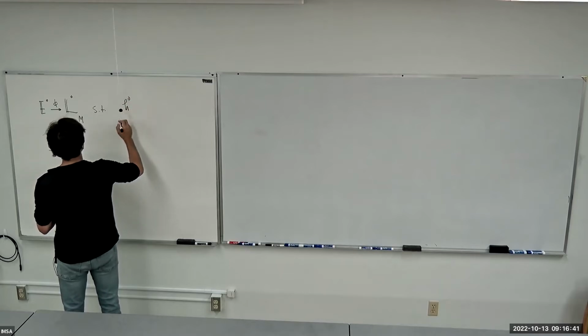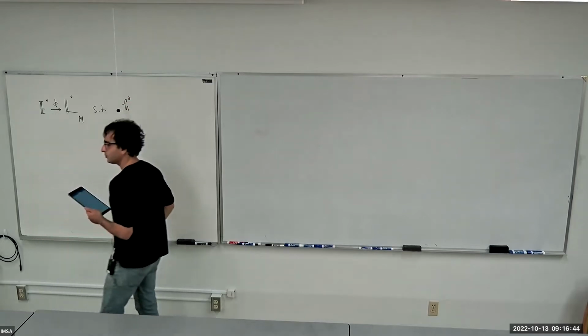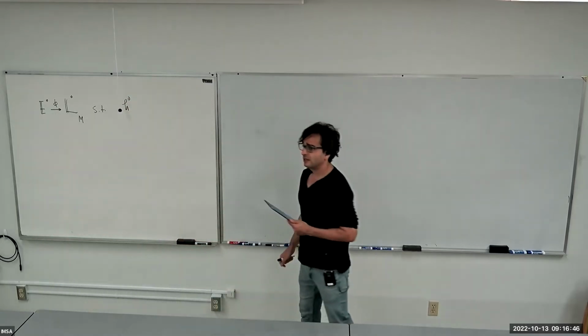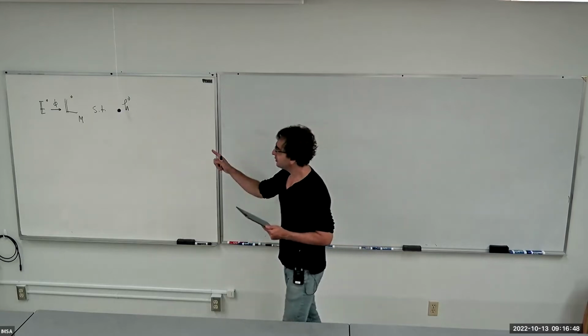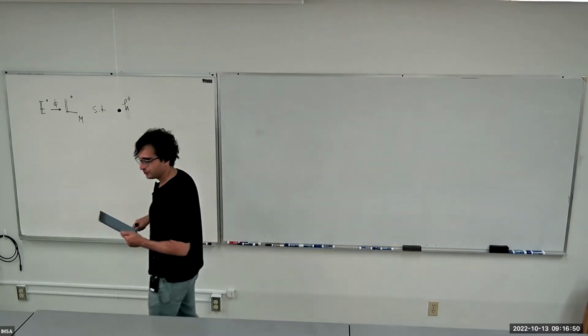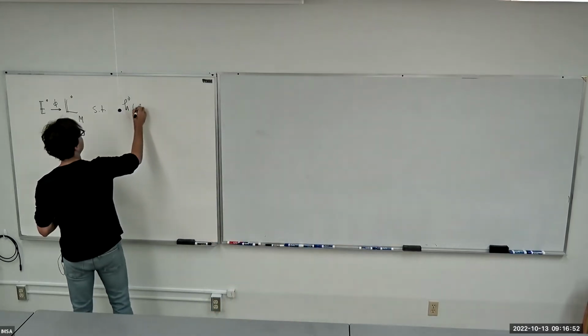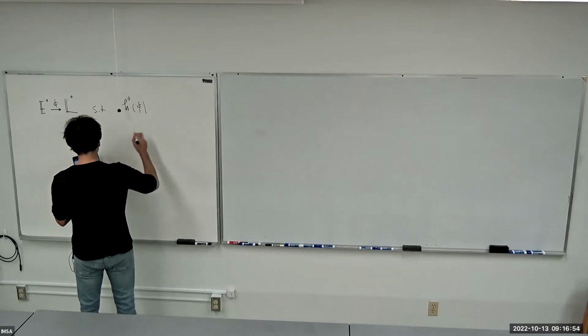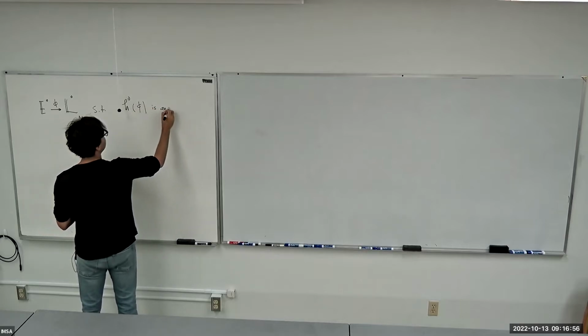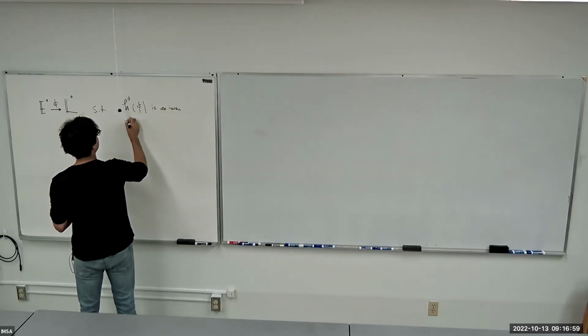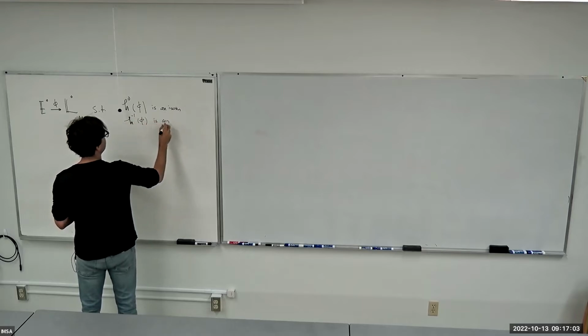So H0, by the way, sometimes for cohomologies in derived category, you can use small letters. So I use this one too. So H0 of phi is an isomorphism, and H minus 1 of phi is an epimorphism or surjection.